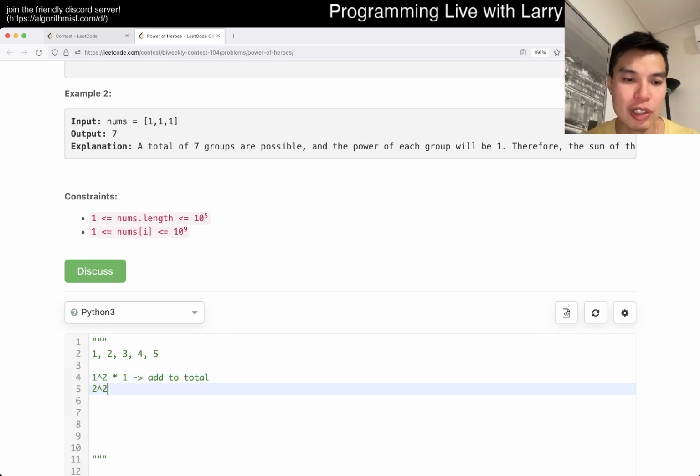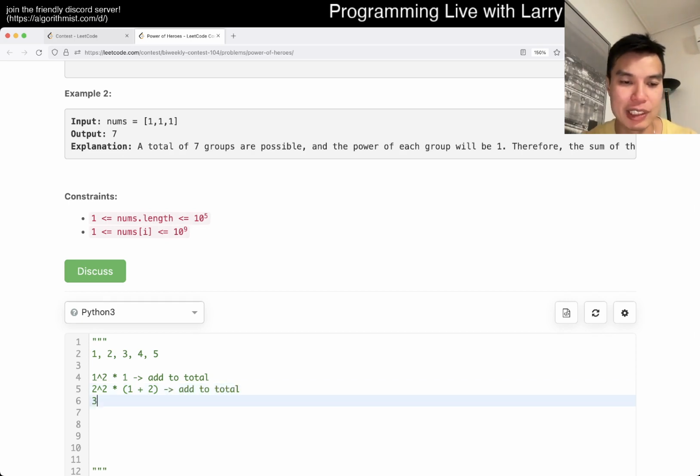It's 2 squared times 1 plus 2, because 1 is smaller, these are the min numbers. Add to the total. And then 3 squared. For the purpose of this, the actual values don't matter, because you just go from left to right.